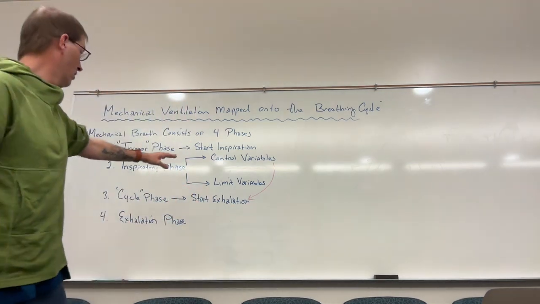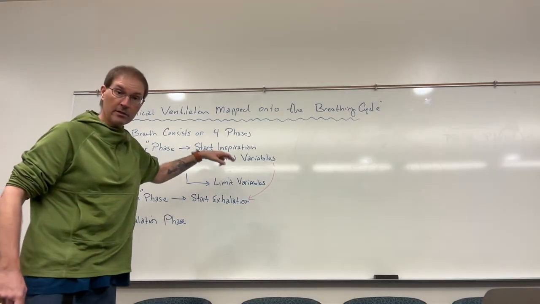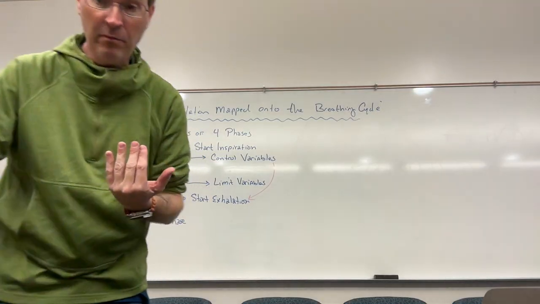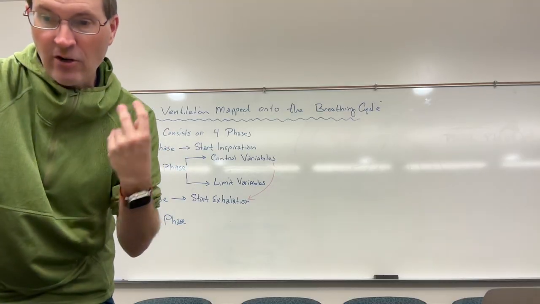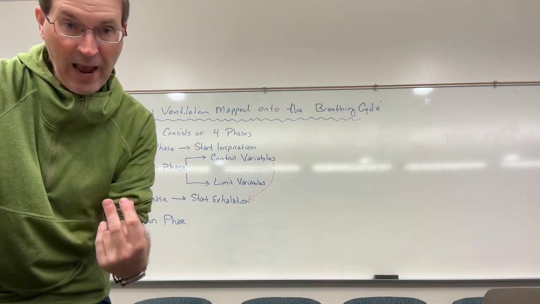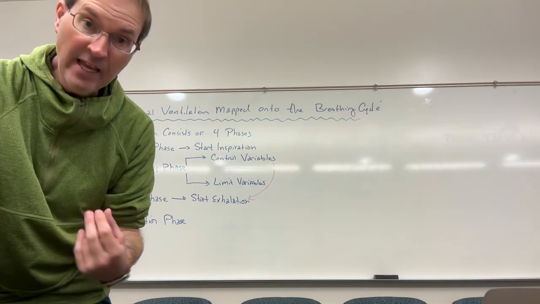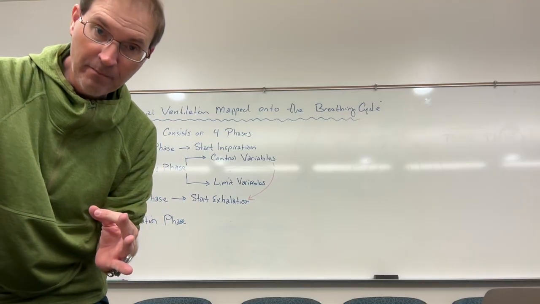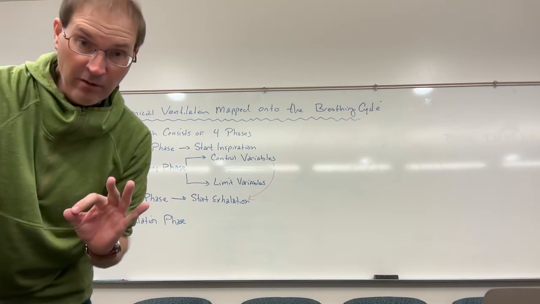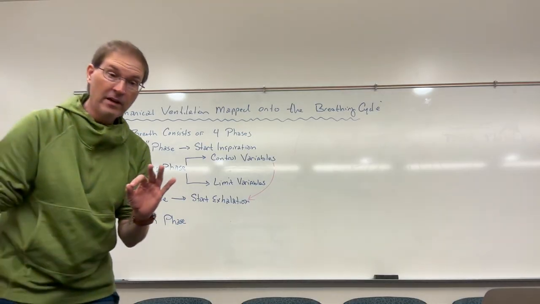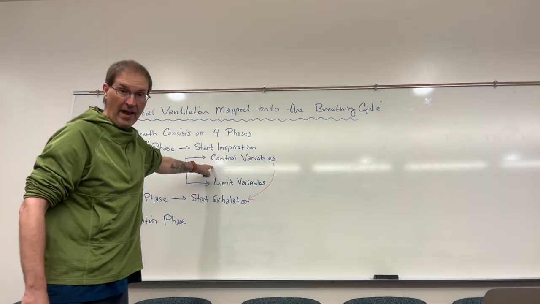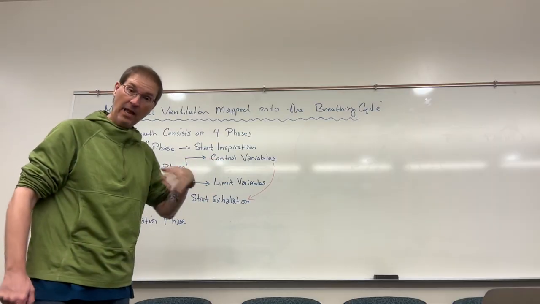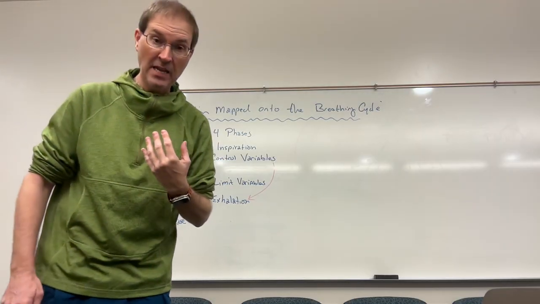There are what we call control variables. Control variables are parameters that the ventilator uses as feedback to control inspiration. Essentially, a control variable is what the ventilator uses to determine when the inspiratory phase needs to stop and the expiratory phase needs to begin.